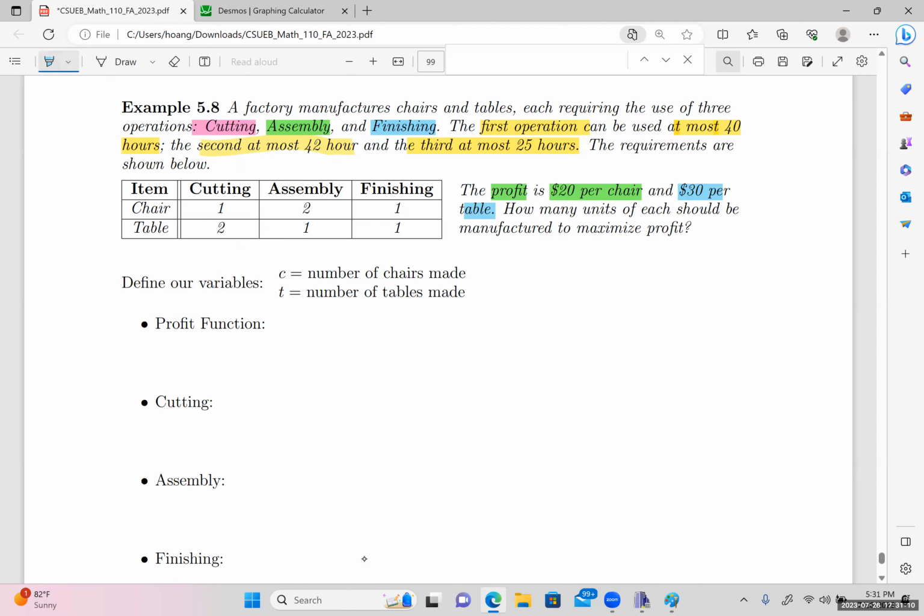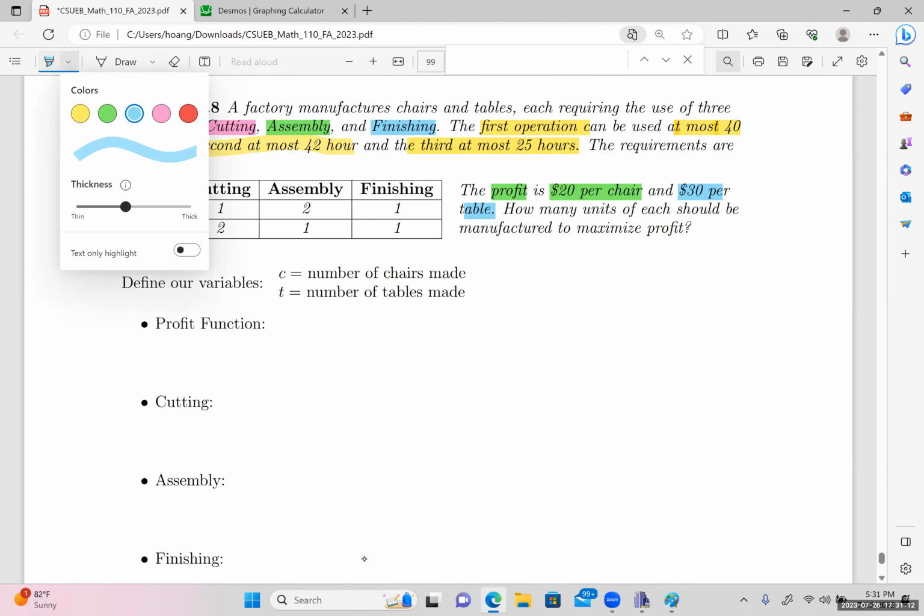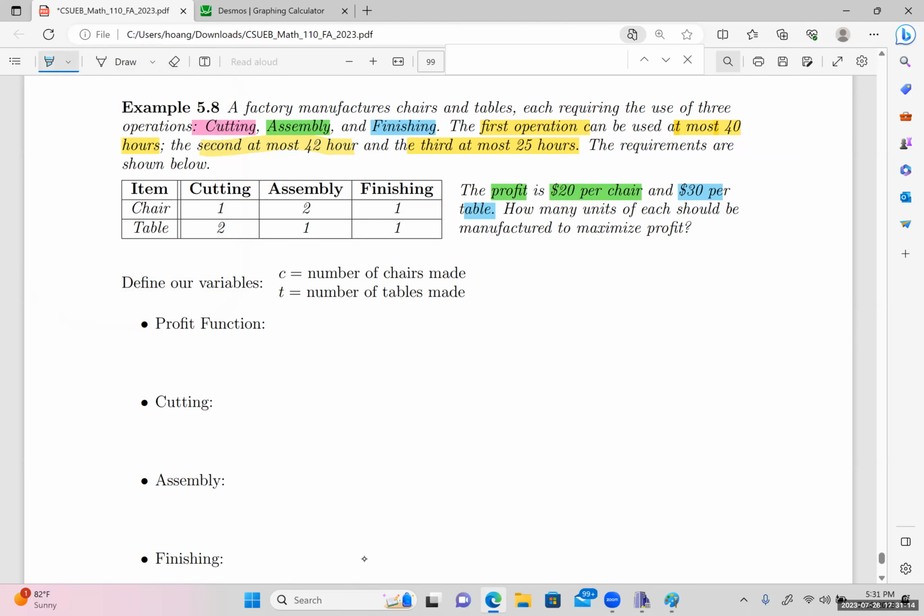What we want to find here is how many units of each, to maximize the profit. So we need to name them.